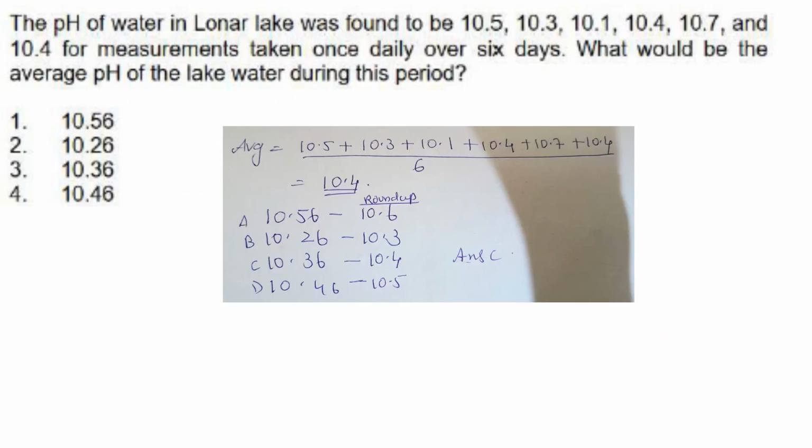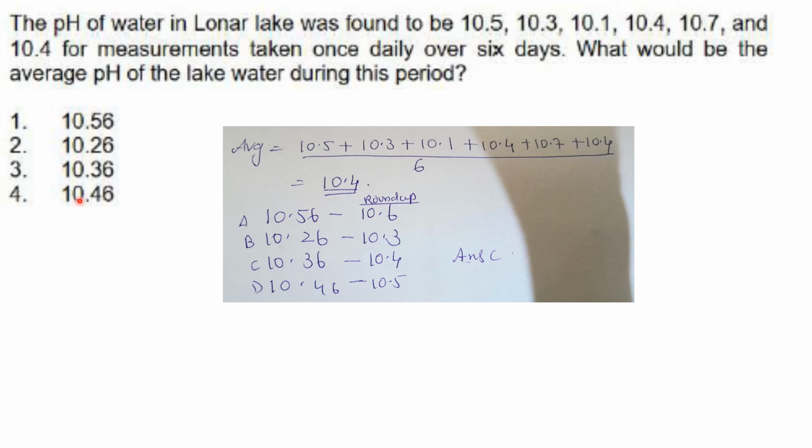Then next one. The pH of water in Lonar Lake is found to be, they have given some values, taken once daily over 6 days. What would be the average pH of the water during this period? So you have to add all these values and divide by the total number, that is 6. You will get 10.4.